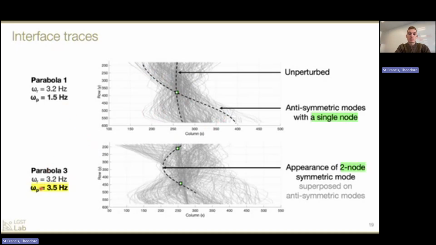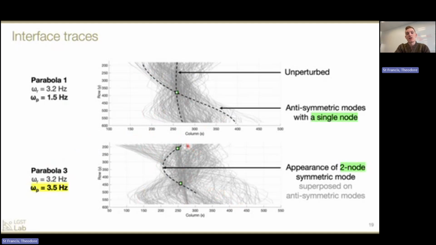As we increase the perturbation frequency while maintaining the same rotation frequency, so the tank is spinning at the same rate, but the sliding along the track is increased from 1.5 times per second to 3.5 times per second, you'll notice that we see the same as before, the unperturbed line, and then lines here which relate to the antisymmetric modes.